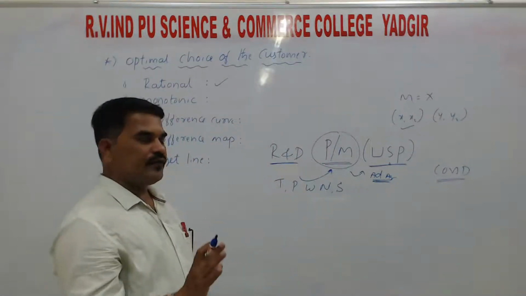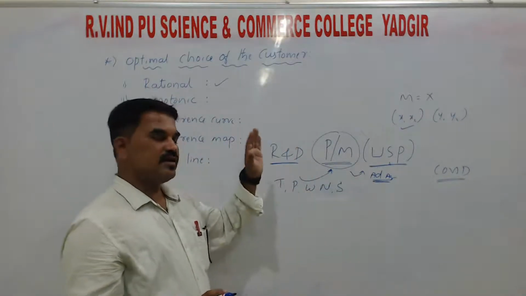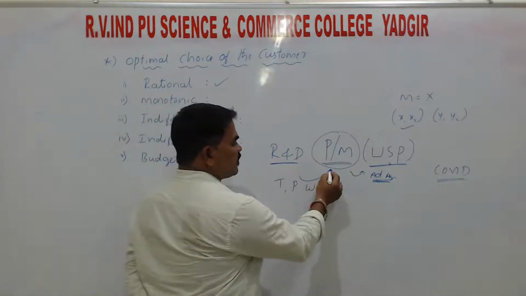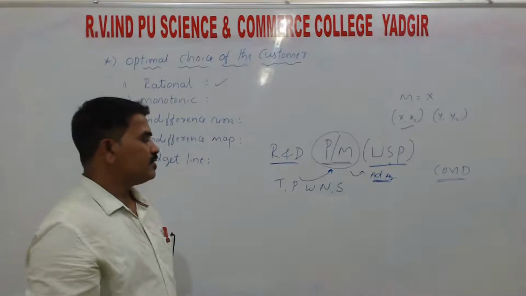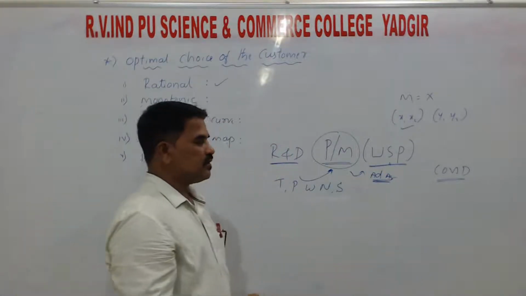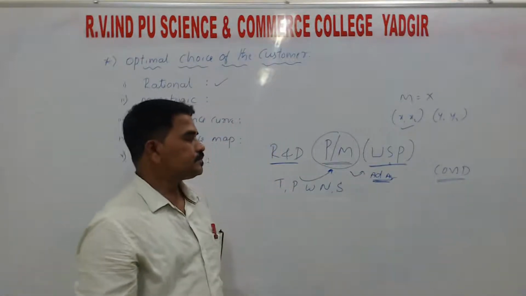It is very interesting. Observe the ads, try to understand what they are saying. They take all the information from R&D and give it to ad agencies to project their goods using this USP, unique selling proposition. Now, I have taken this example, COVID.